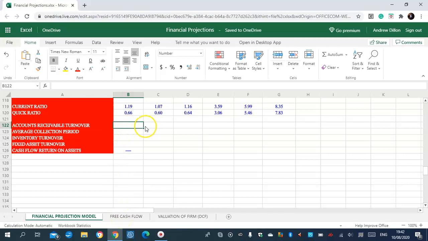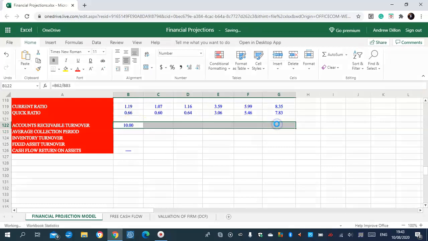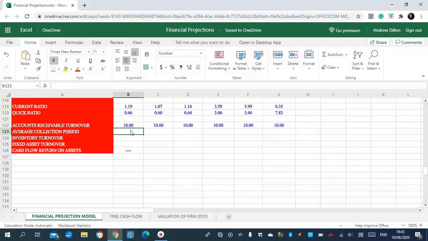Okay, so accounts receivable turnover. Yeah, I'll show you how to calculate that. A62 divided by B83. Okay, now the average collection period.